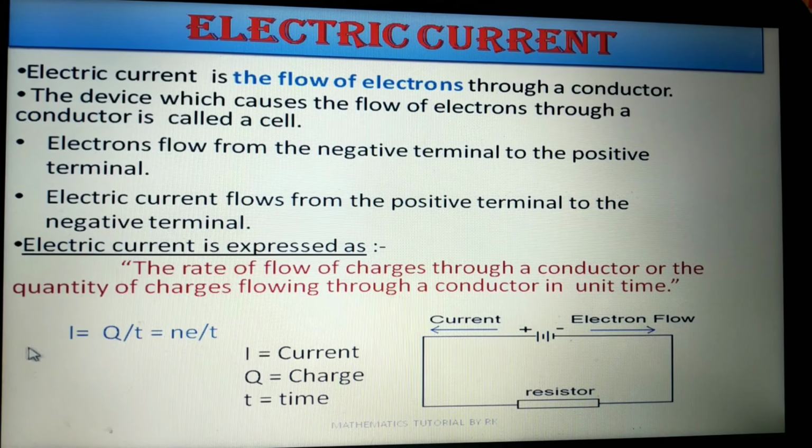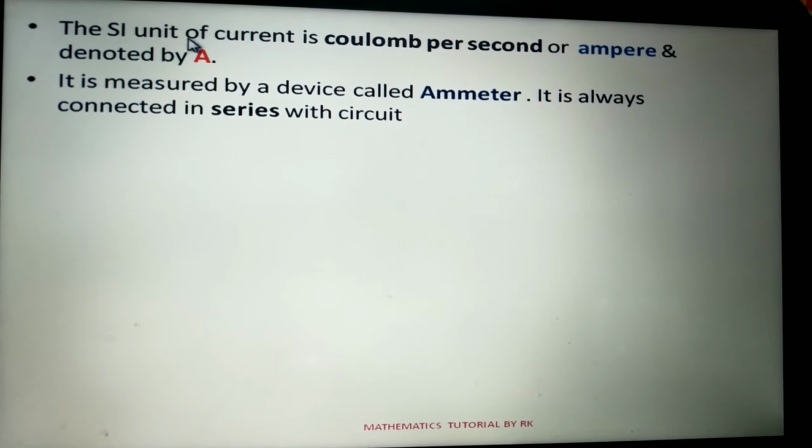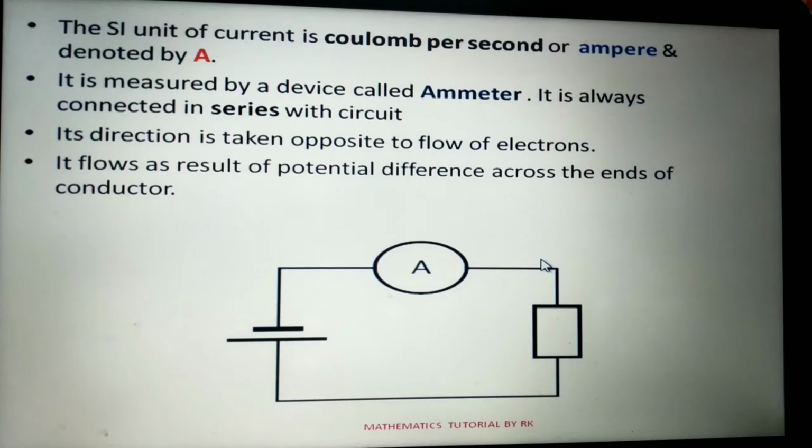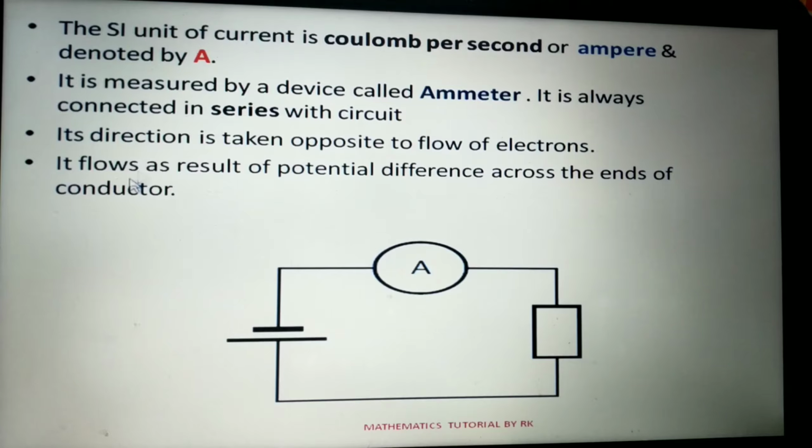It is denoted by I is equal to Q by T. Earlier we saw Q is equal to NE, so we can write I equals NE by T, where I is the current, Q is the charge, T is the time. The SI unit of current is coulomb per second, or ampere, denoted by capital A. It is measured by a device called an ammeter, which is always connected in series with the circuit, as shown in the figure. Its direction is taken opposite to the flow of the electrons, as we saw earlier. It flows as a result of potential difference across the ends of the conductor.